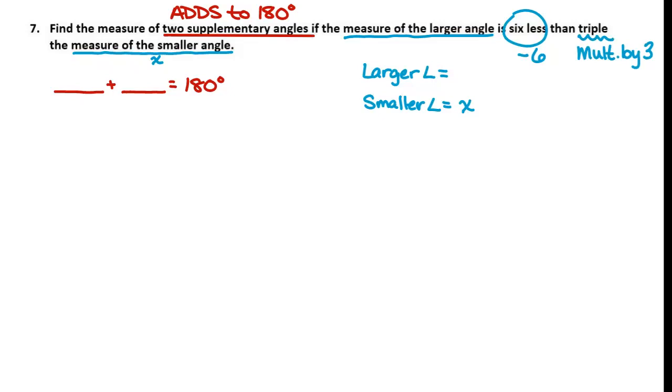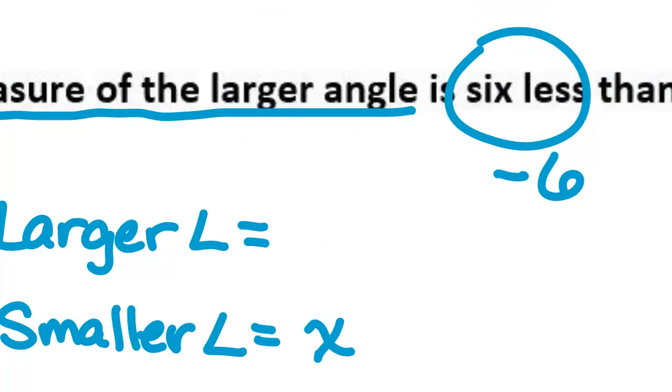I have to think about order of operations, PEMDAS. Which thing comes first in PEMDAS? Minusing or timesing? Multiplication comes first. So we do 3x, and then after the 3x, we do the minus 6, because I can do any adding or subtracting after I do that multiplication.